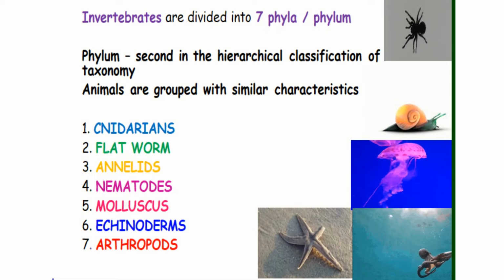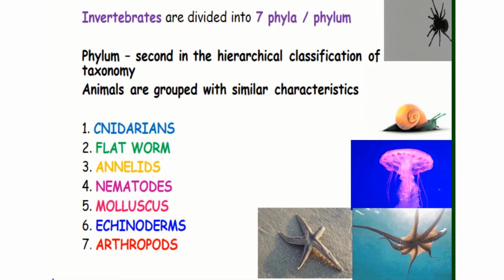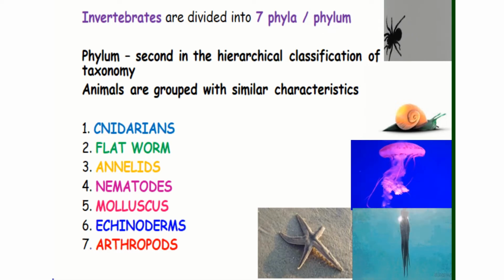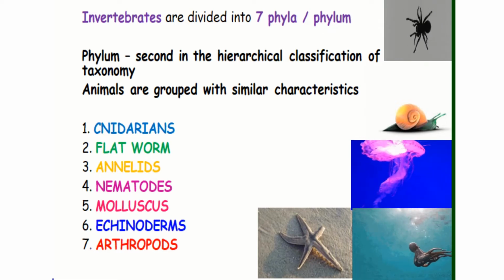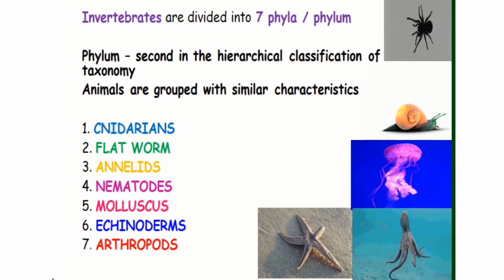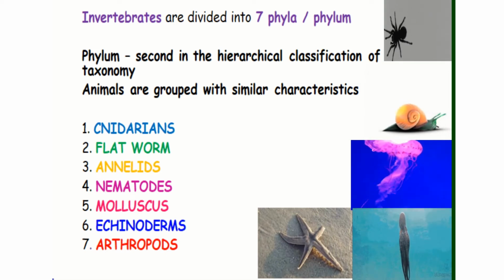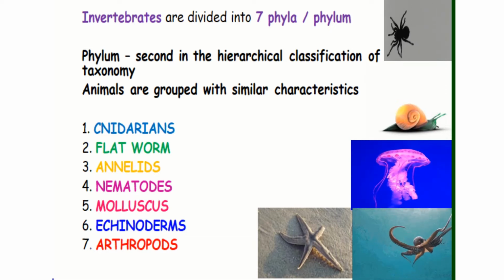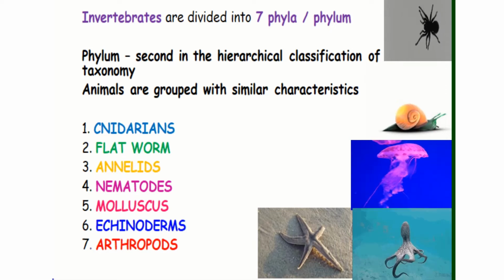The next order after kingdom is phylum. So phylum is the second in the hierarchical classification of taxonomy. What is phylum? Animals that are grouped with similar characteristics are called a phylum.